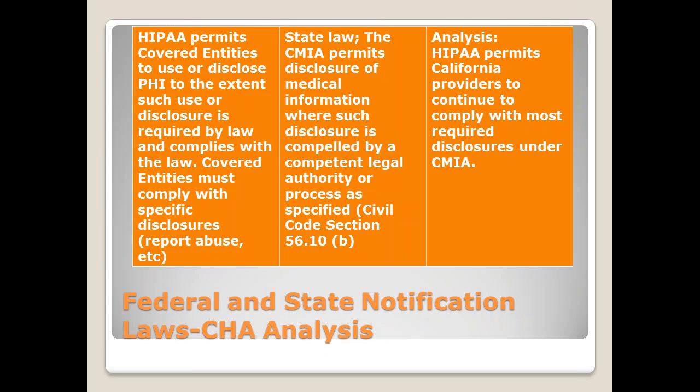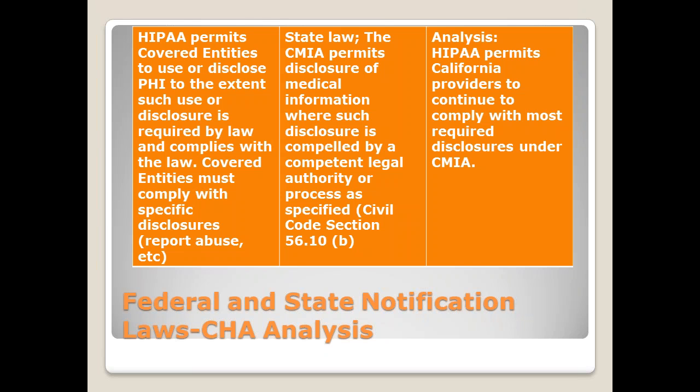So what they did in the left column is they're looking at the HIPAA rule. So in this case, HIPAA permits covered entities to use or disclose PHI to the extent such use or disclosure is required by law and complies with the law, and that covered entities must comply with specific disclosures without a release or authorization.